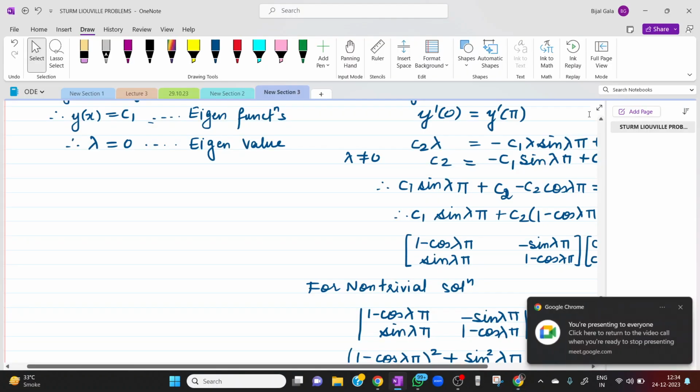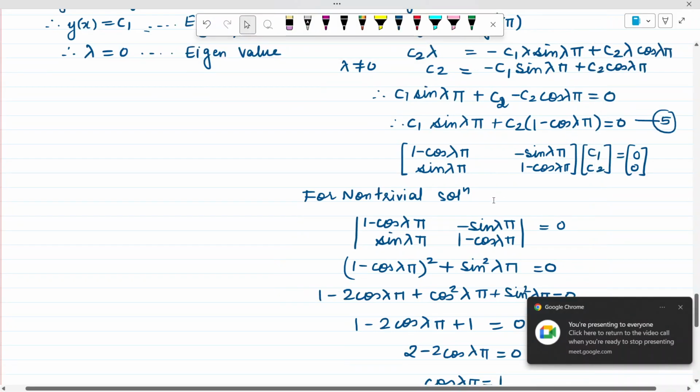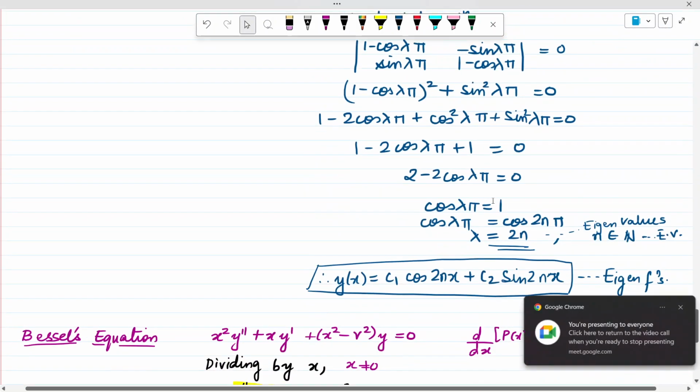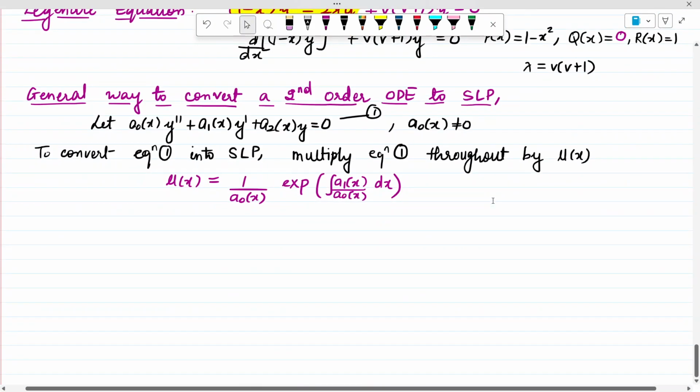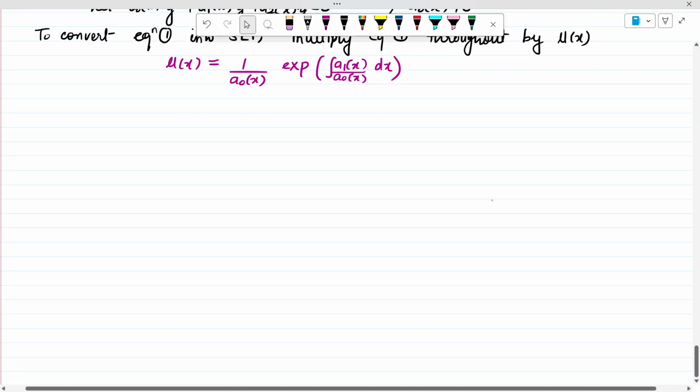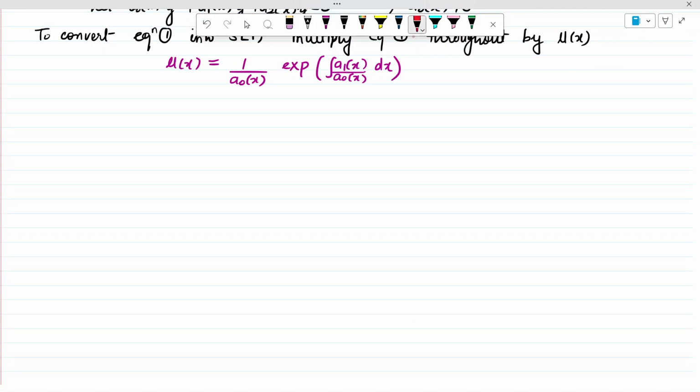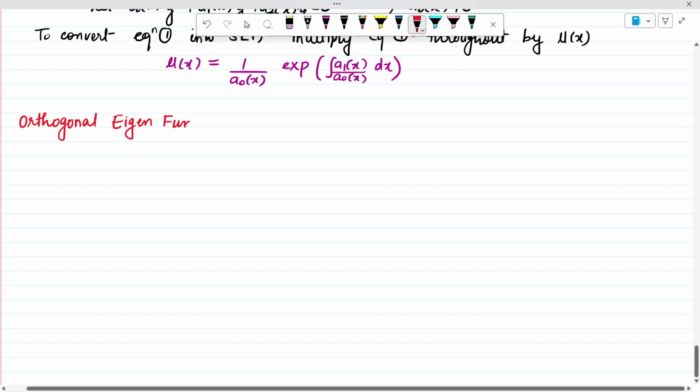Okay. Within the same family, they'll not be orthogonal, but for different eigenvalues, they will be orthogonal to each other. So first, let's understand what this orthogonality is when it comes to eigenfunctions. It's not exactly the same as the orthogonality we have defined before. Okay. So we talk about orthogonal eigenfunctions.